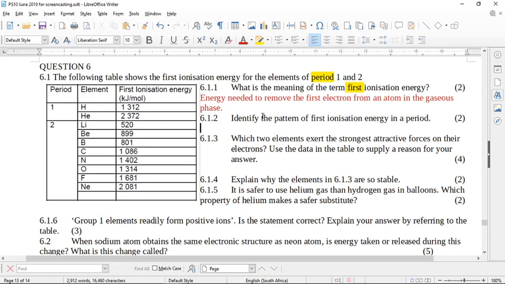So it says the pattern. In the first period, the pattern is very obviously from left to right, the energy increases. And here, there is definitely a general increase.